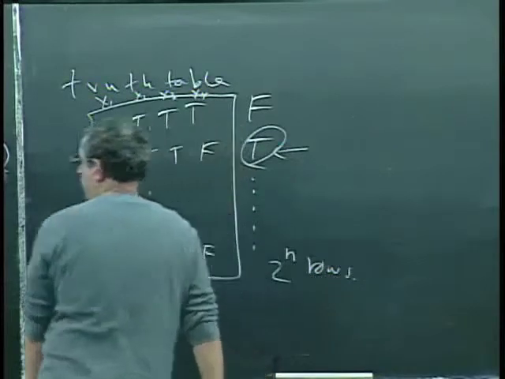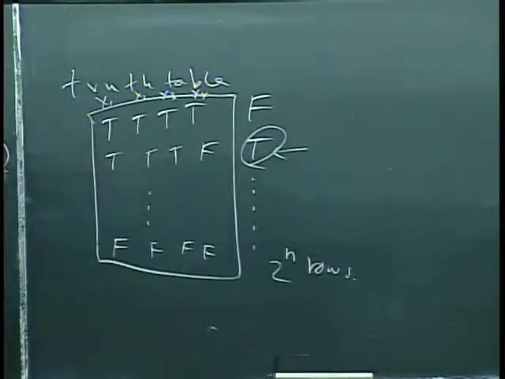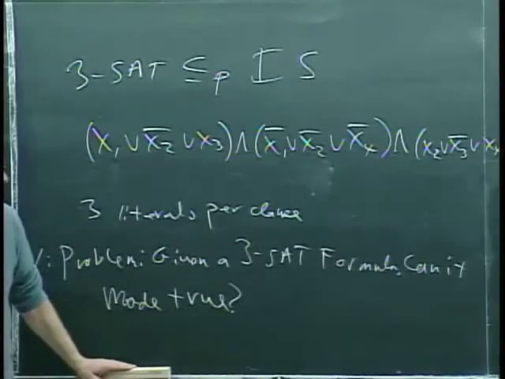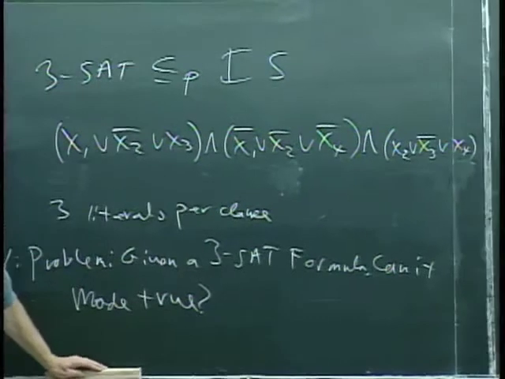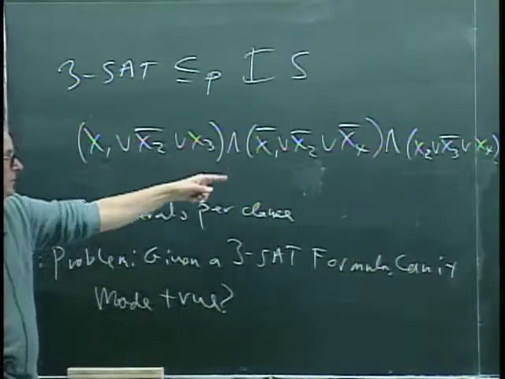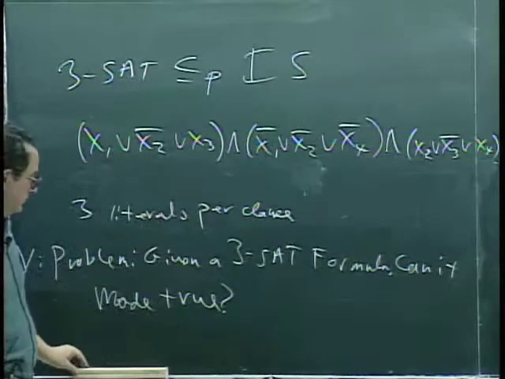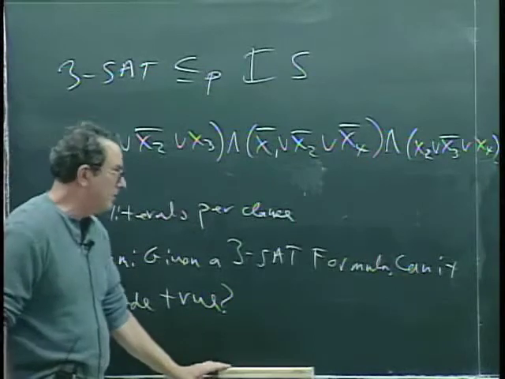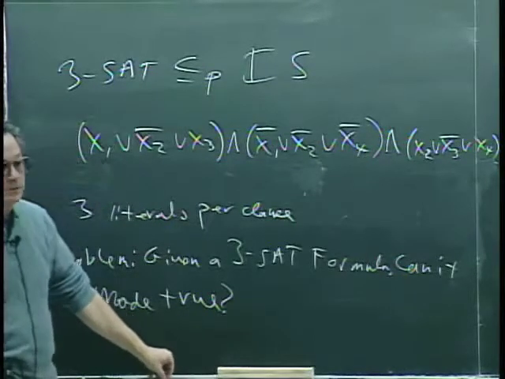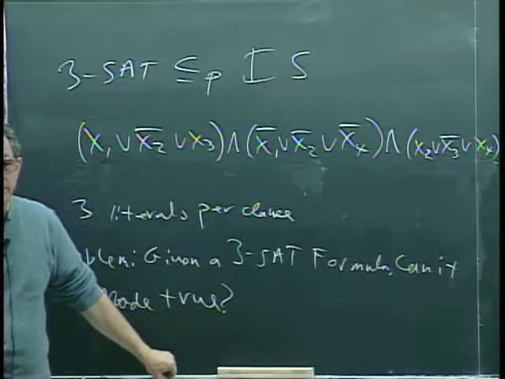And is that polynomial? Well, it's not a polynomial in n. That's an exponential function in n, where n is the number of variables. But we always ask whether the algorithm is polynomial as a function of the input size.